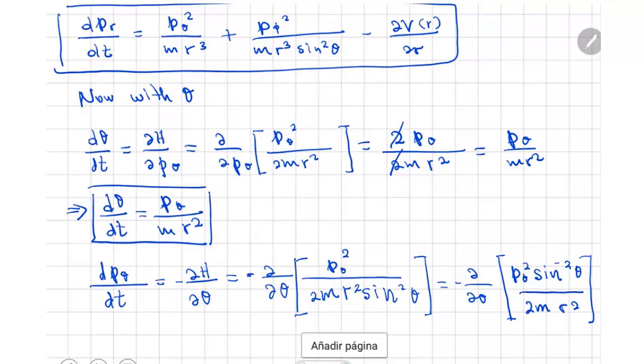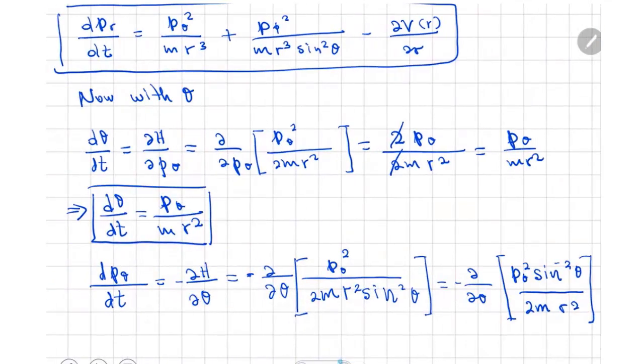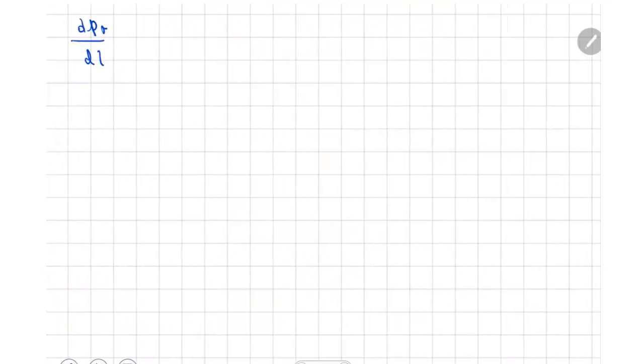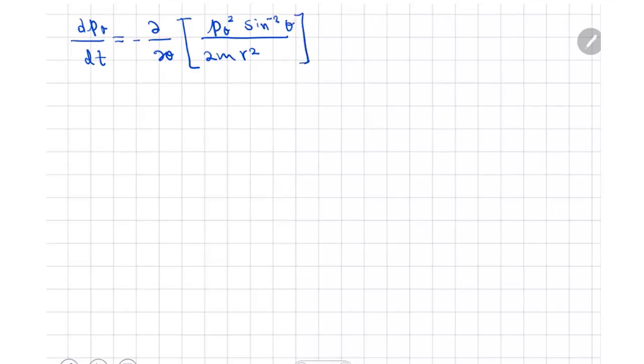And to continue, dp theta with respect to time is equal to minus the derivative with respect to theta of p theta squared dividing 2m r squared, in this case sine to the minus square of theta.